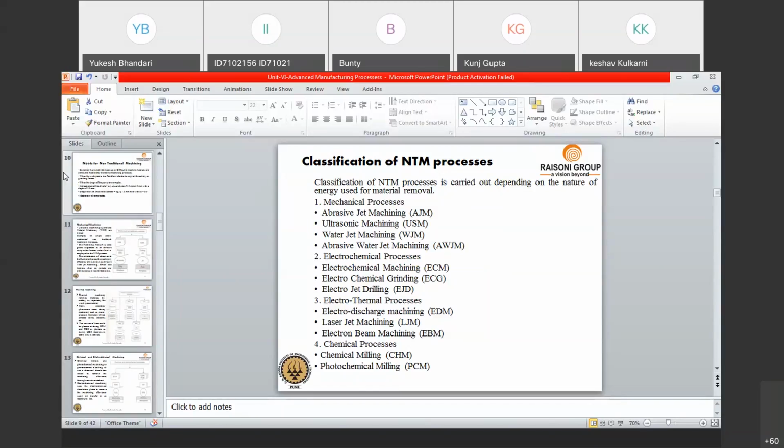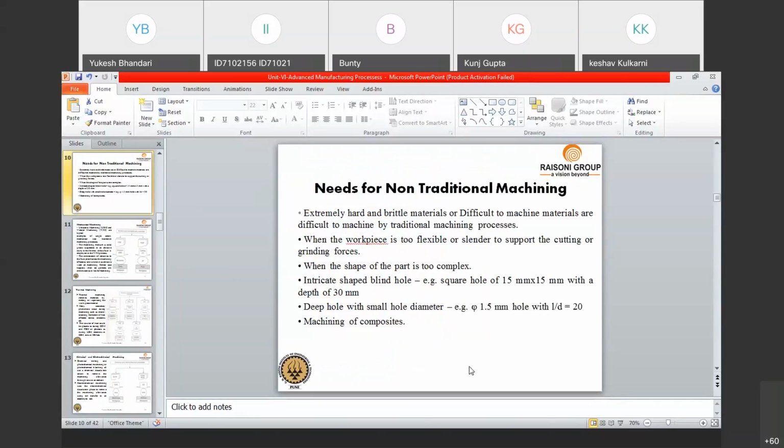Now let us see what is the need of NTM processes. This we already discussed. Suppose you want to machine a very hard or very brittle material, or some material which is very difficult to machine using conventional machining processes. For those cases, we must use non-traditional machining processes or non-traditional energy sources to remove or machine material.